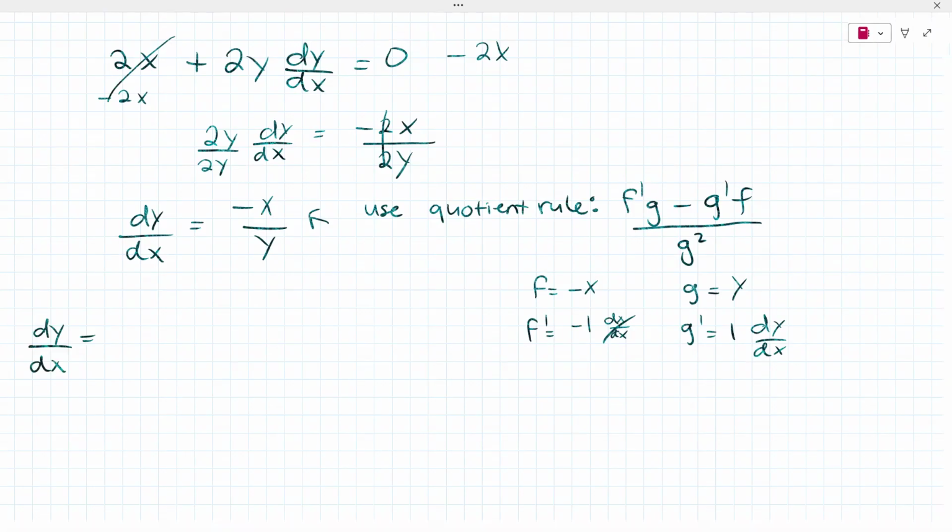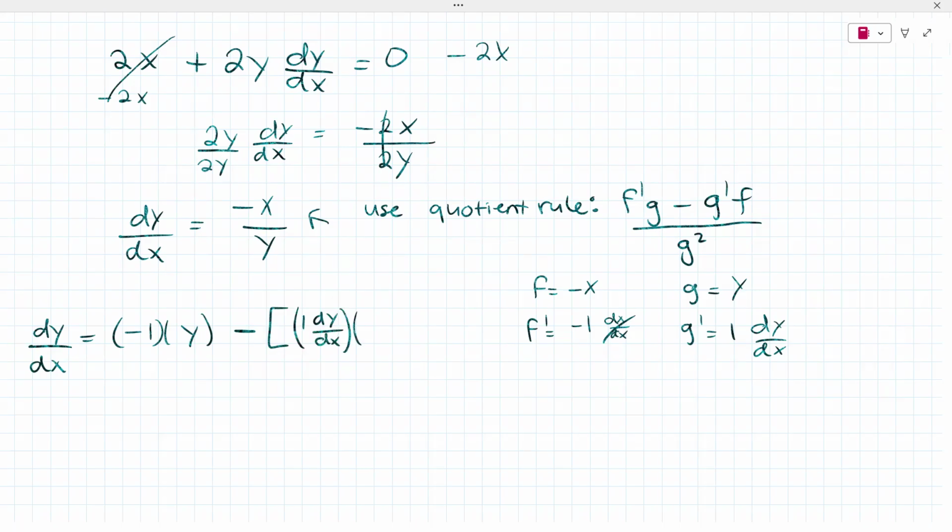Okay, so it's f prime of g minus g prime of f all over g squared. So what are we going to do? f prime is negative 1. g is y, minus g prime, which is, let me put a bracket, g prime is 1 dy dx.